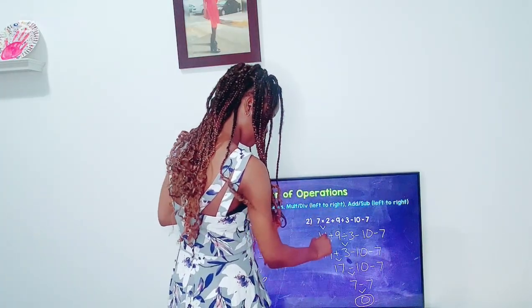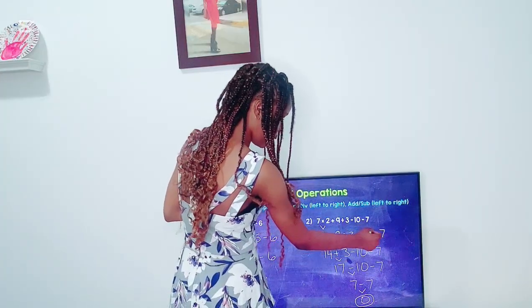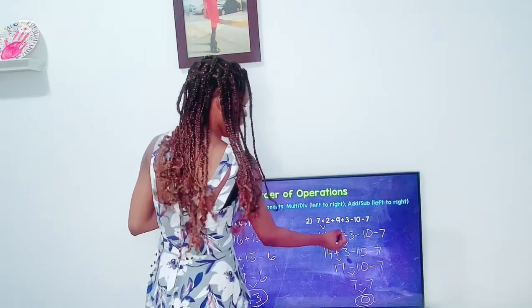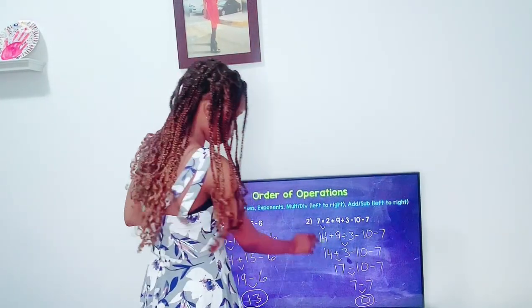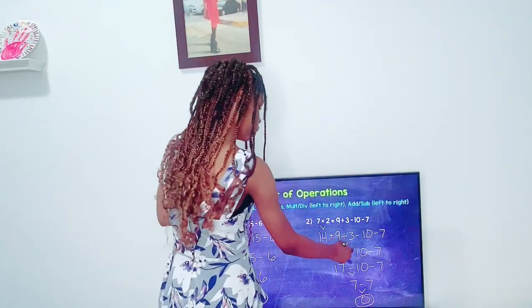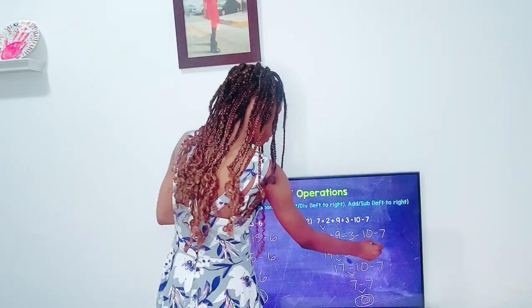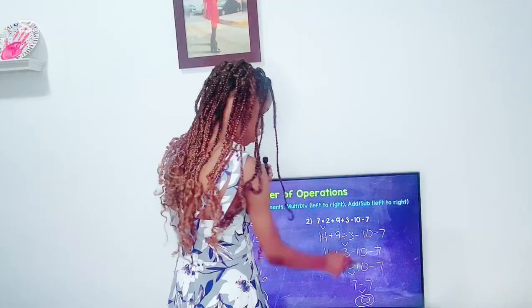Now we bring down the ones we didn't use: plus 9 divided by 3 minus 10 minus 7. Which comes next? We have 9 divided by 3, which will give us 3. We bring down the rest: 14 plus 3 minus 10 minus 7. Now we have an addition, a subtraction, a subtraction.